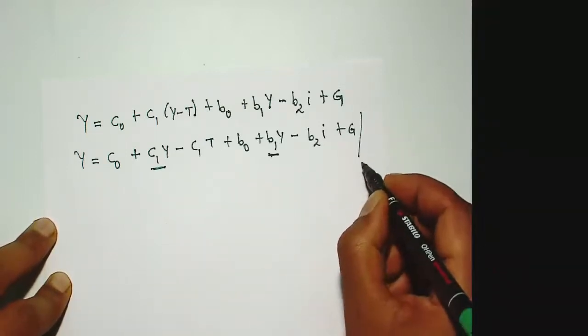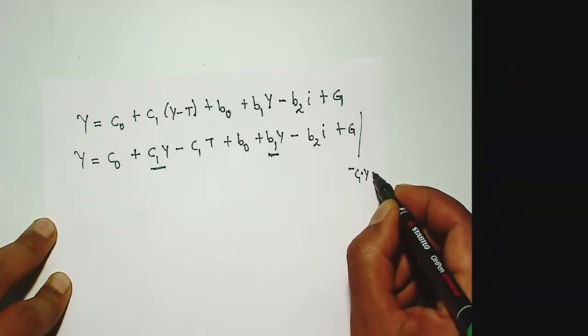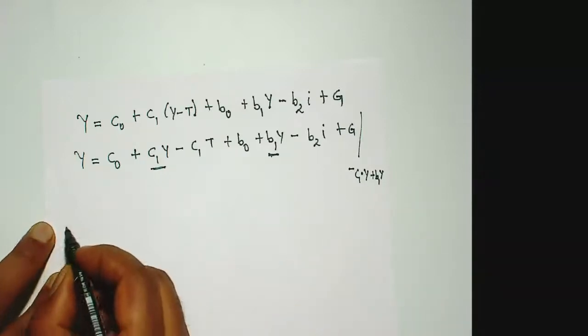So we would subtract from both sides C1 multiplied by Y plus B1 multiplied by Y.